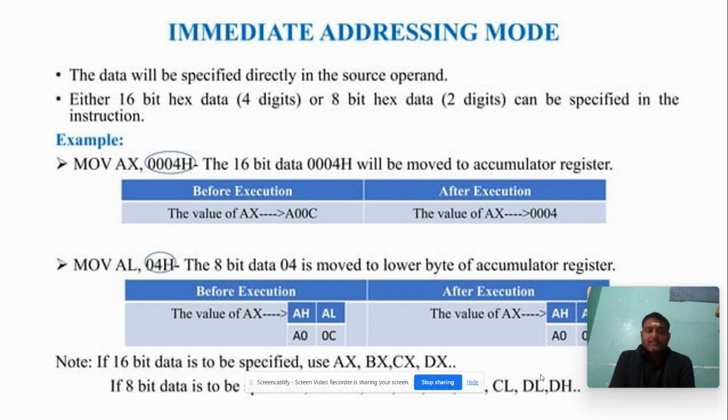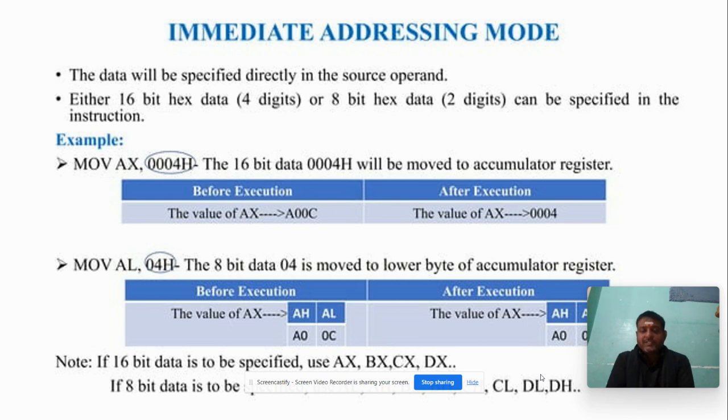Before execution, the value of AX is A00C. The AX register is a 16-bit register. It can be divided into two 8-bit registers: AL, the lower order byte, and AH, the higher order byte.